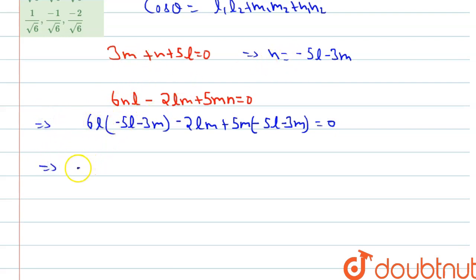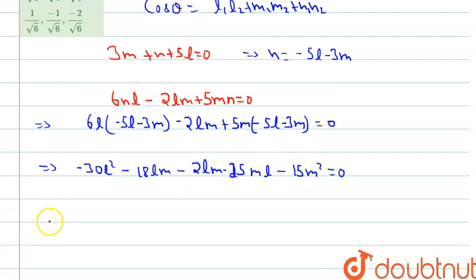This will become -30l^2 - 18lm - 2lm - 25ml - 15m^2 = 0.